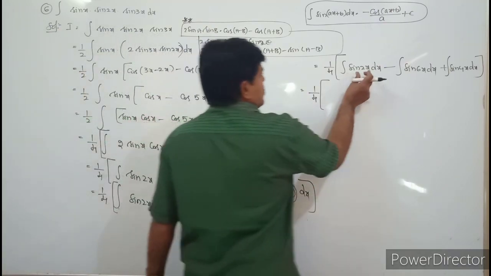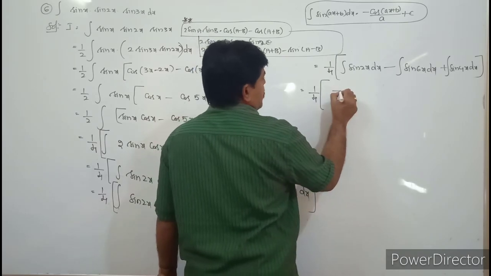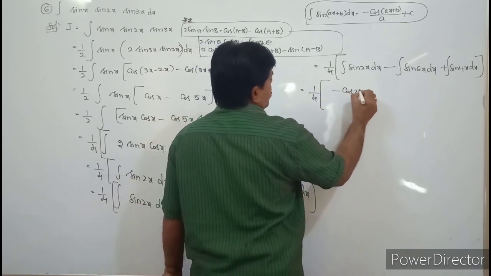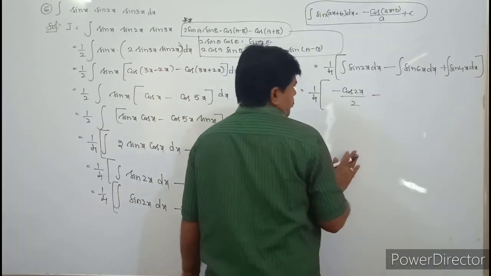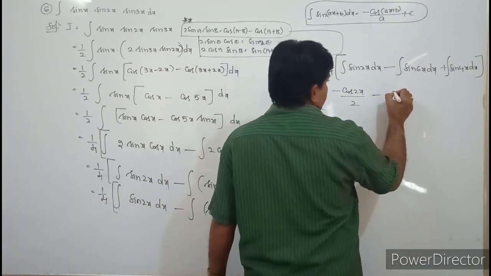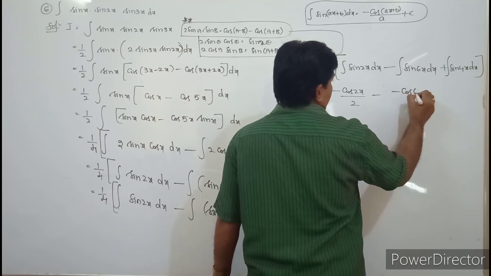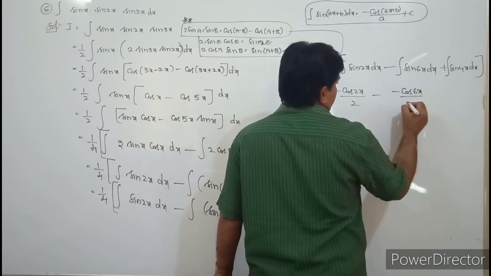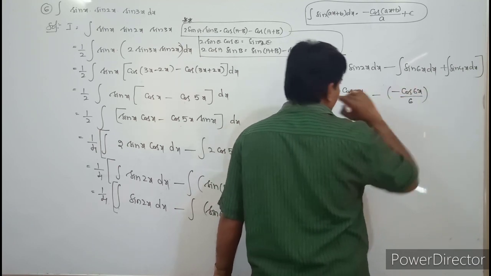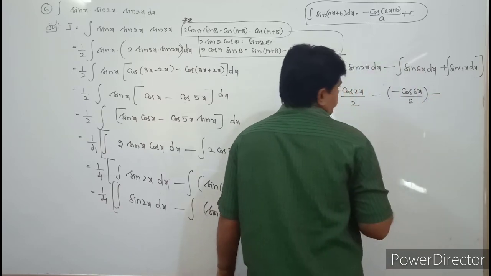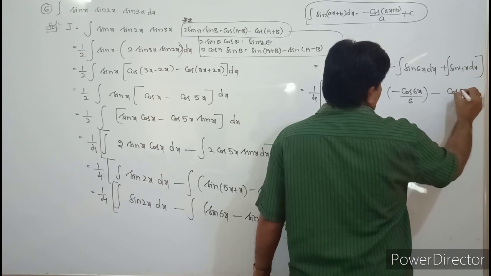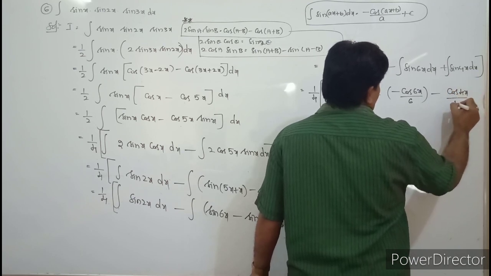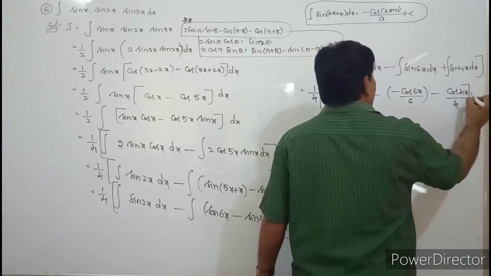See here, sin 2x integration is minus cos 2x by 2, minus sin 6x integration is minus cos 6x by 6, plus sin 4x integration is minus cos 4x by 4, plus c.